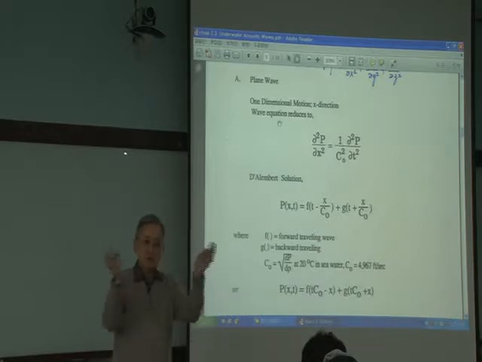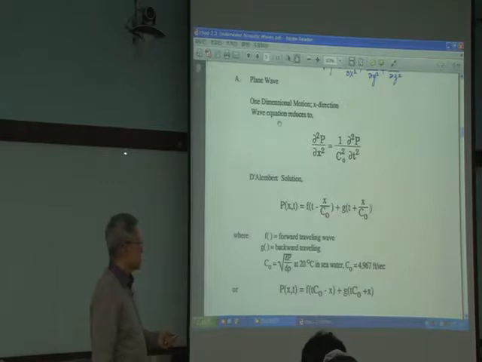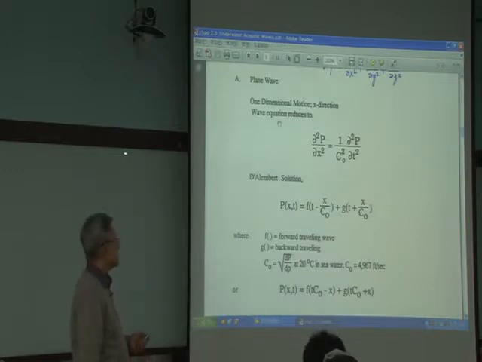Then after that, it's all bouncing back and forth off each other. So that's what this general solution expression implies here. And the C naught is, as you see in 2.2, the square root of dp over d rho.